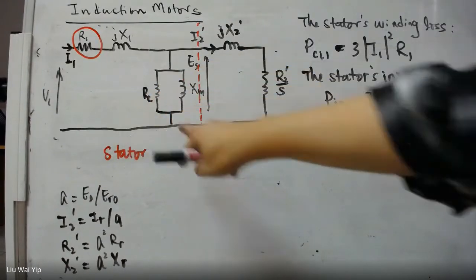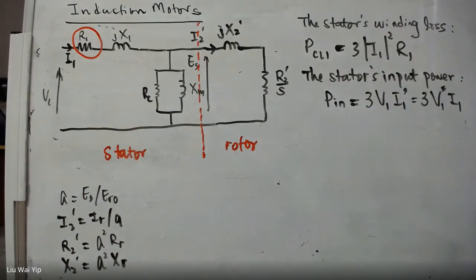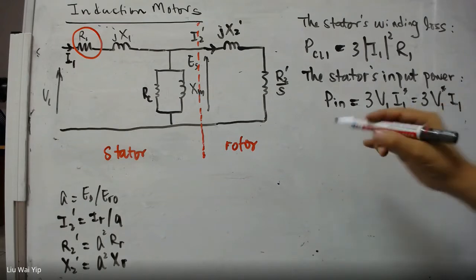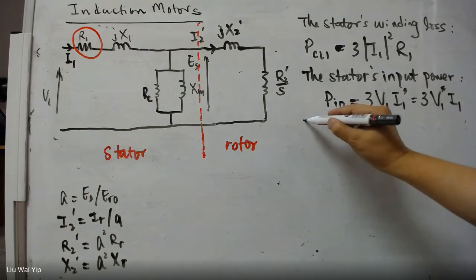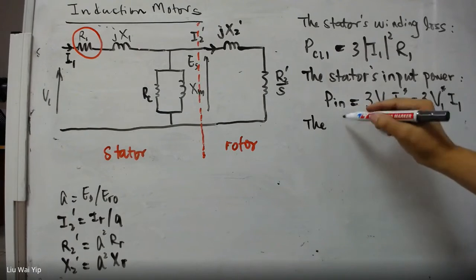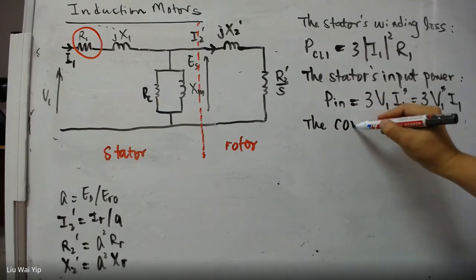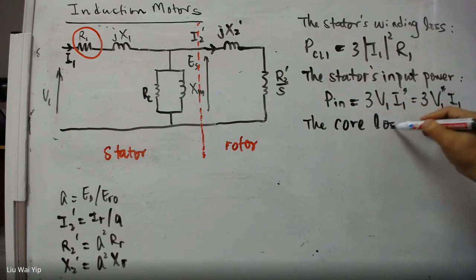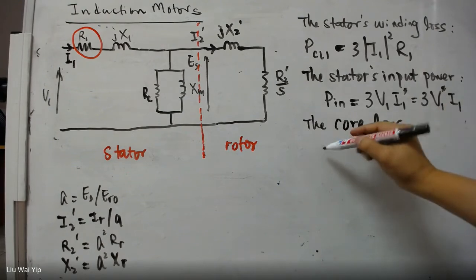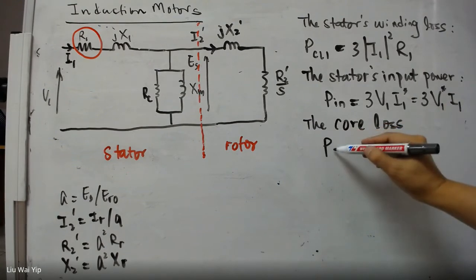The core loss is due to the eddy current. And again, we can model it. The core loss is going to be P_FE.